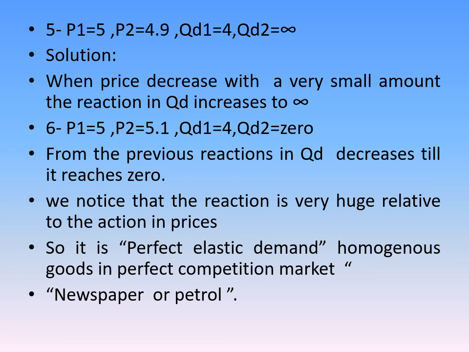So what do we call this demand? Perfect elastic demand, and it's for homogeneous goods in a perfect competition market, like newspaper or petrol. Again, look back at the way we draw the curve and you will find it is a horizontal curve. Thank you. See you next lecture, inshallah.